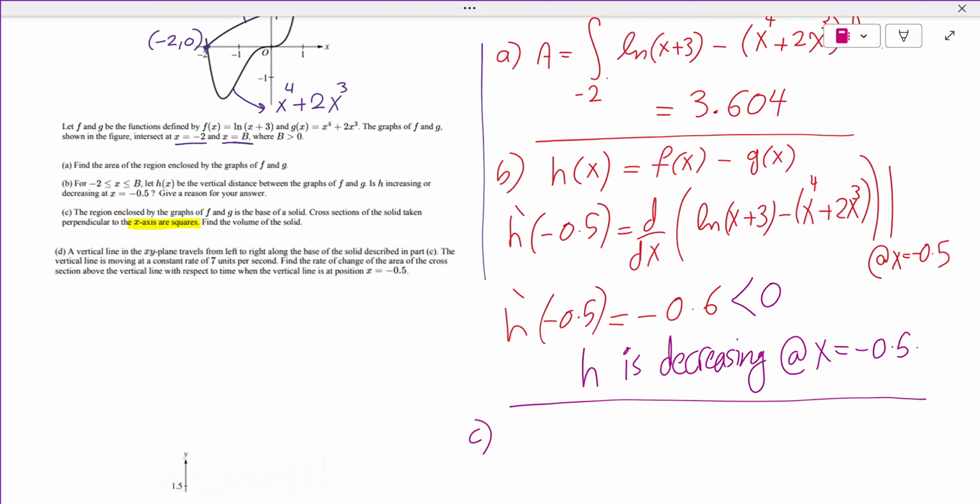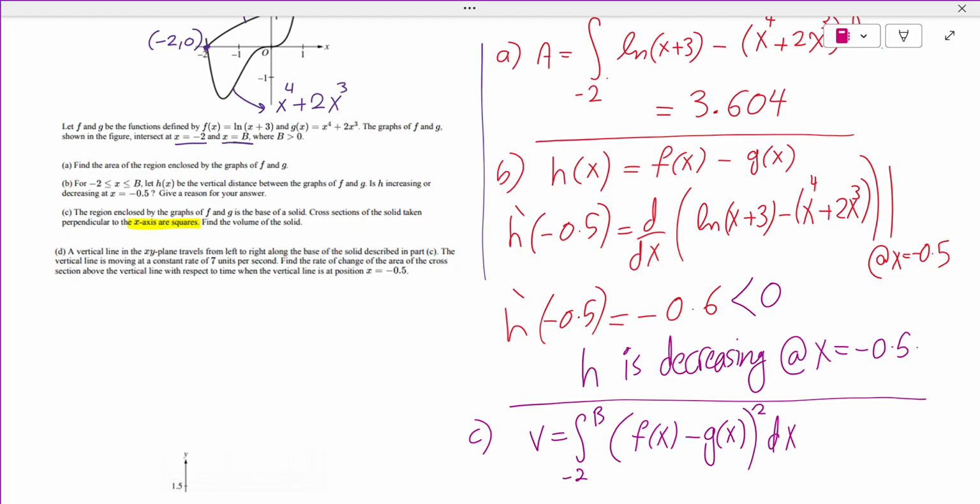Well, find the volume of the solid. So the volume will be the integral from -2 all the way to b, right? From -2 all the way to b, of the upper one, f of x, minus the lower one, g of x, all squared dx. You can write what f of x is and what g of x is.